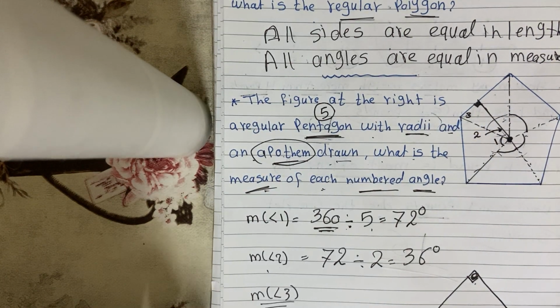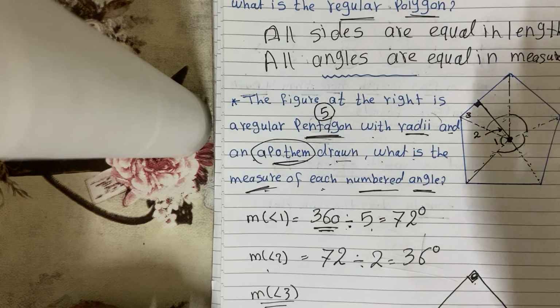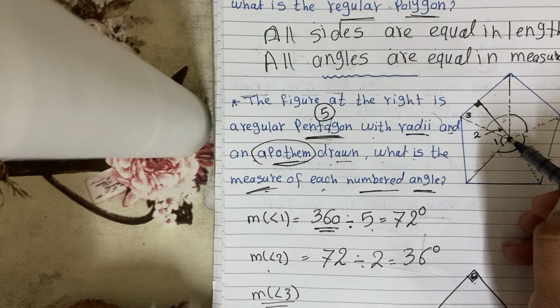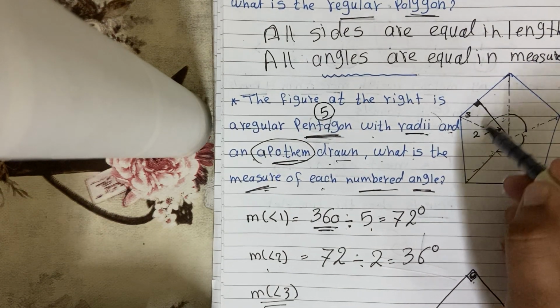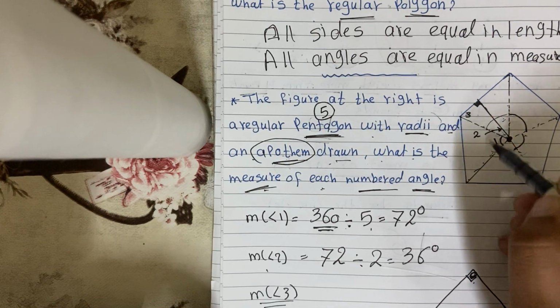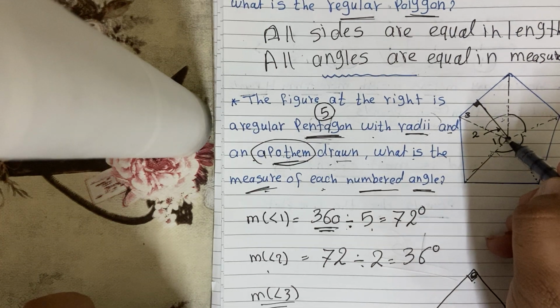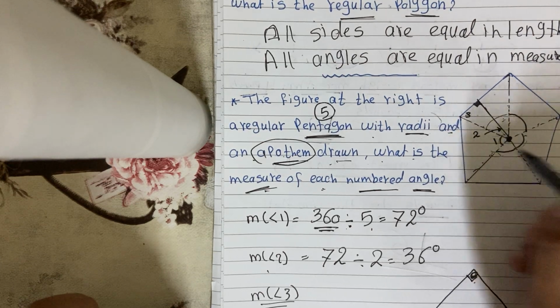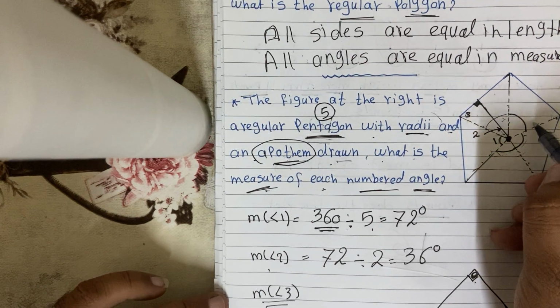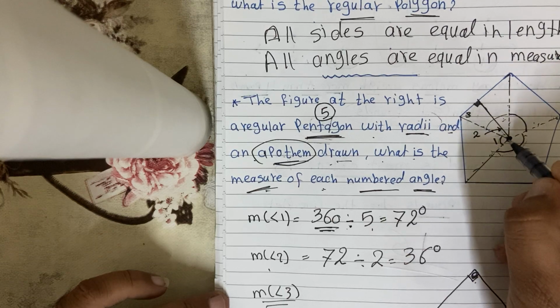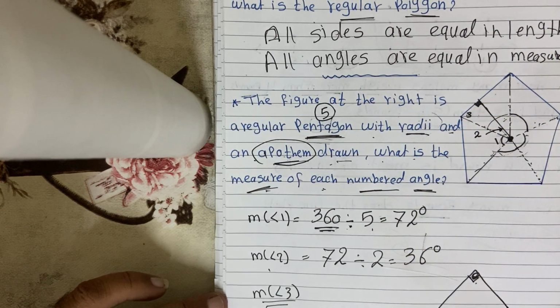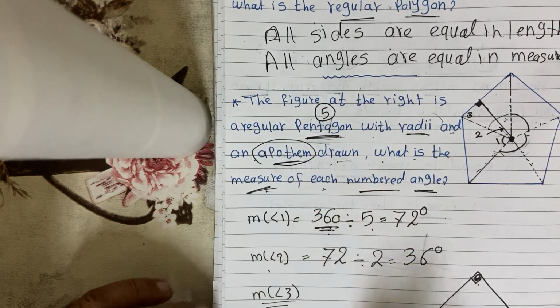First, we need to know that for angles around a center, their sum is 360. Again, the sum of the accumulative angles at a point is 360.